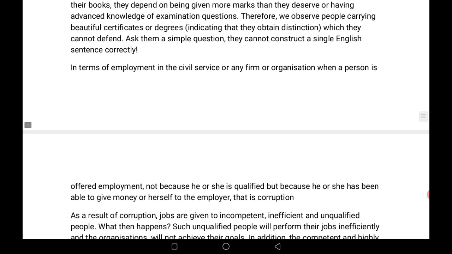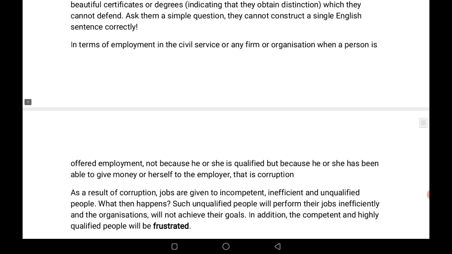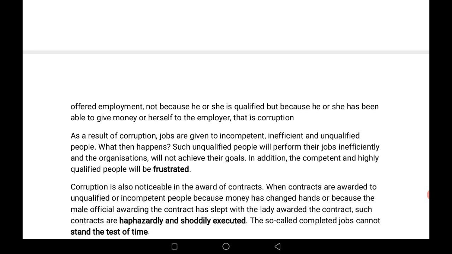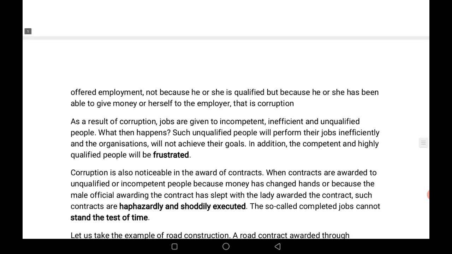In terms of employment in the civil service or any firm or organization, when a person is offered employment, not because he or she is qualified, but because he or she has been able to give money or herself to the employer, that is corruption.